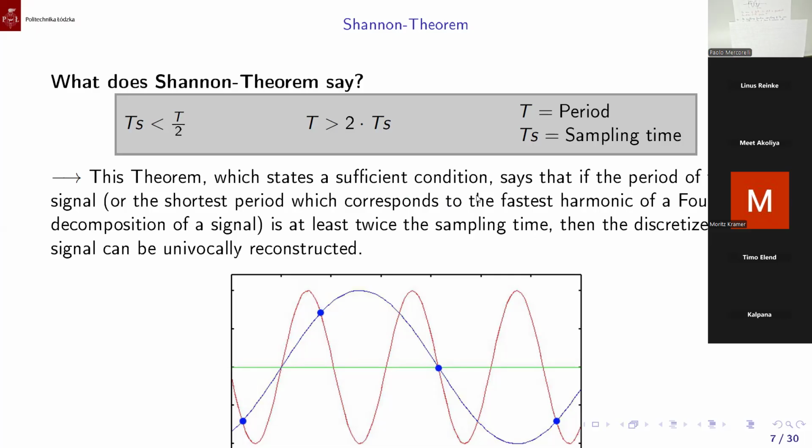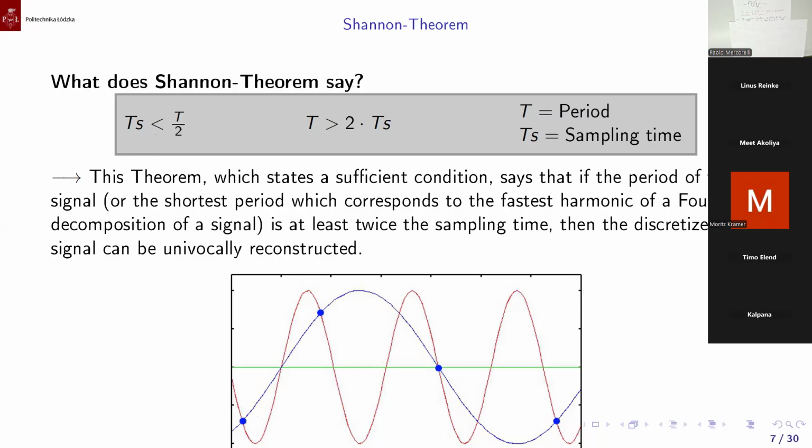We have these 2 possible solutions because, I don't know if you remember this theorem here, we don't respect this condition, which says that the sample time Ts, the distance in time between the points, assuming that we have a constant, should be less than T divided 2.